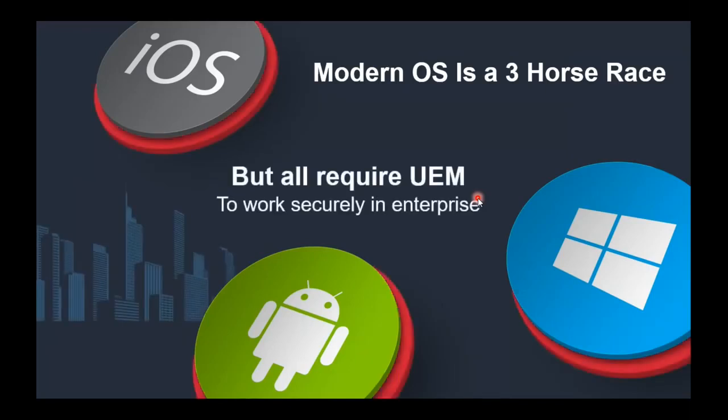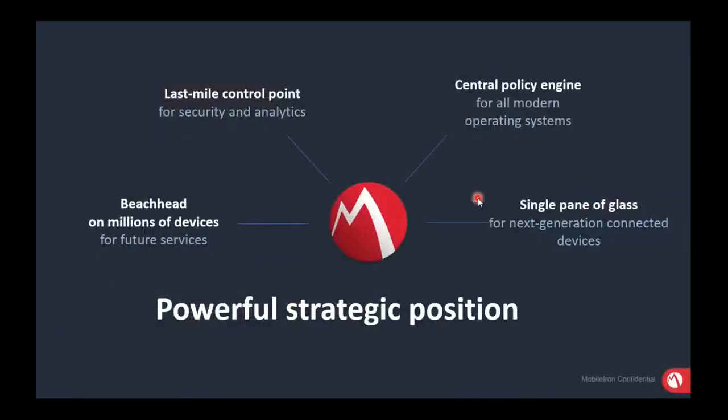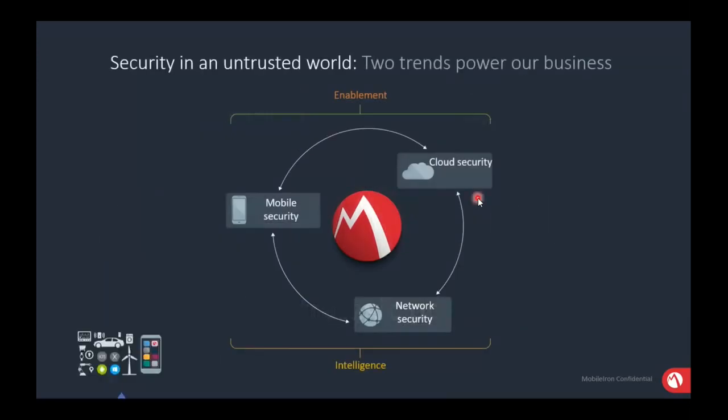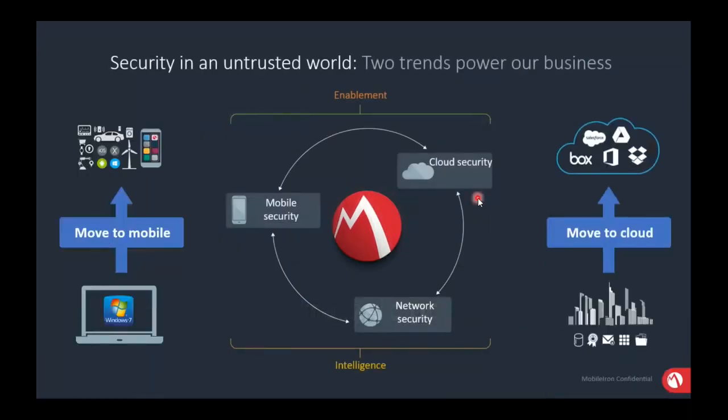With MobileIron, we have a single pane of glass, meaning a single dashboard for managing the policies, configuration, and applications for various operating systems across mobile devices. Traditionally, people connect to their infrastructure using their laptop with a conventional client-side VPN.